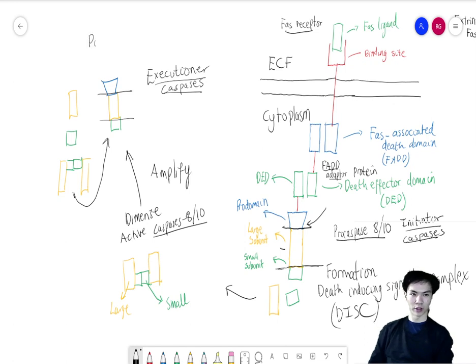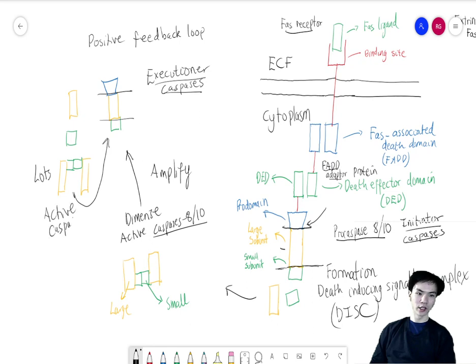So what's that going to be called? That's an example of a positive feedback loop, because we're amplifying the signal, we're getting more and more active caspases. So eventually you will have built up loads and loads of these active executioner caspases, which can then break down the different proteins within the cell and then cause apoptosis, which, as you clarify, is the breaking down of the cell and cell death.